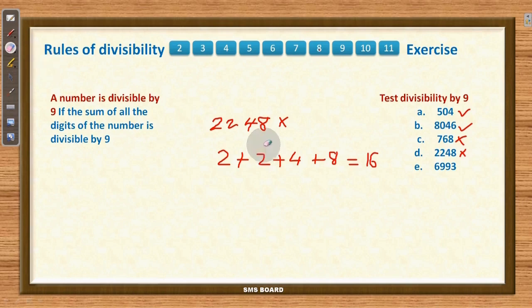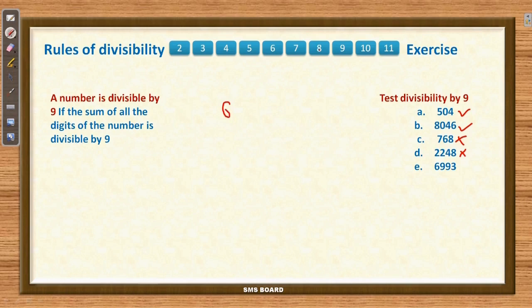Let us discuss the last problem, that is 6993. If the sum of the digits is divisible by 9, then the number is divisible by 9. So we find the sum of the digits: 6 plus 9 plus 9 plus 3. 6 plus 9 is 15, 15 plus 9 is 24, plus 3 is 27.